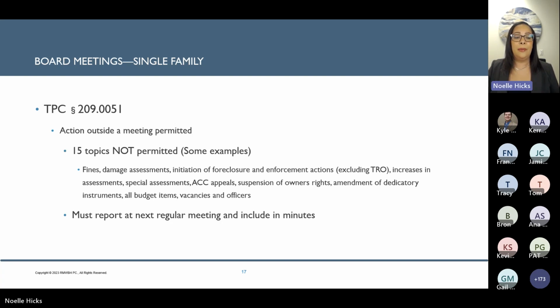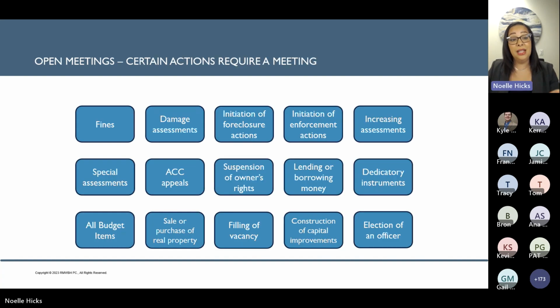Now, of course, you have to report things that are discussed at the next regular meeting and included in the minutes. I mentioned that before, but any action that's taken outside of a meeting, whatever is permitted, needs to be reported at the next regular meeting and included in the minutes. So this is formal board action taken outside of a meeting. All right, so I mentioned there were 15 things.